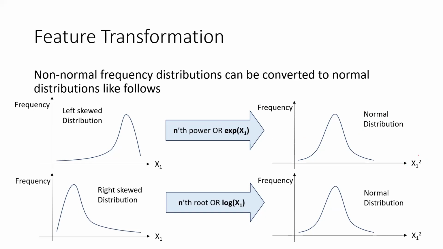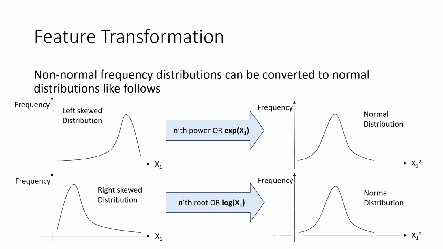That means the x variable should have a normal distribution of frequencies, but practically you may see left skewed distributions or right skewed distributions, and you can do some transformations to move these distributions into normal distributions.